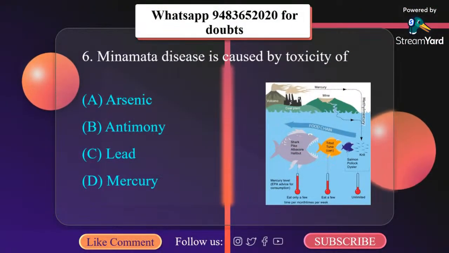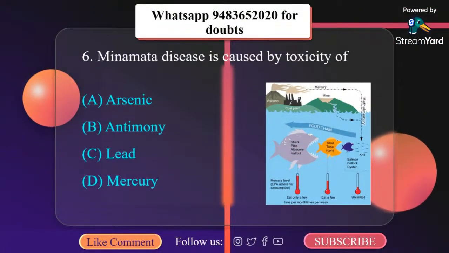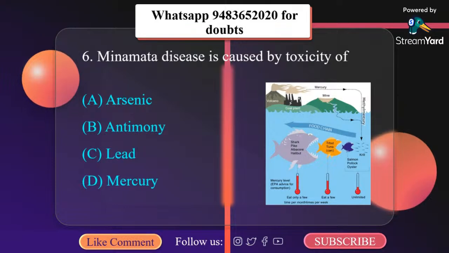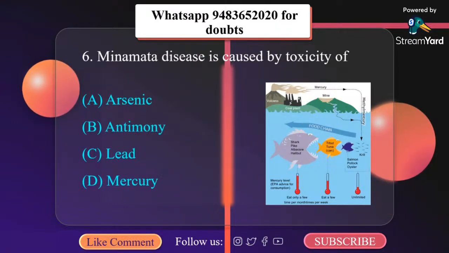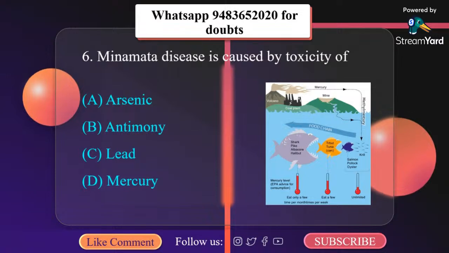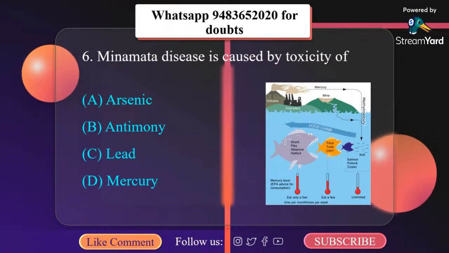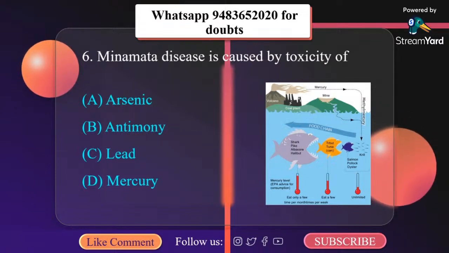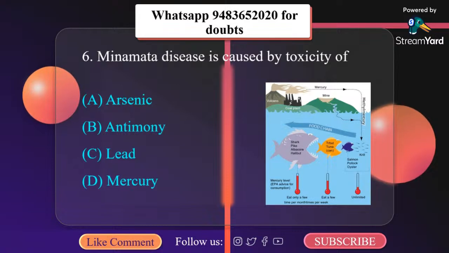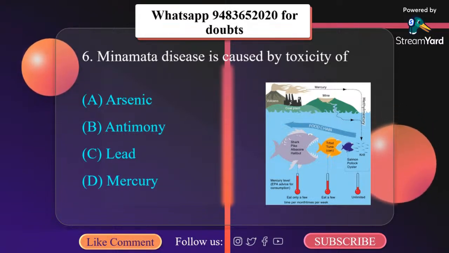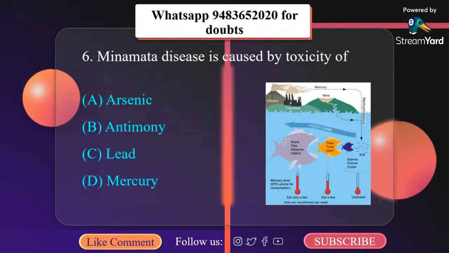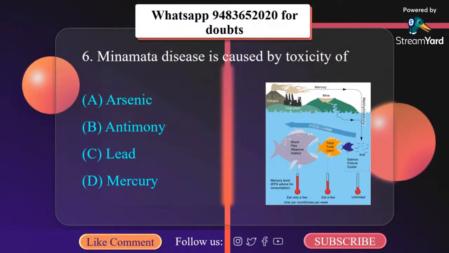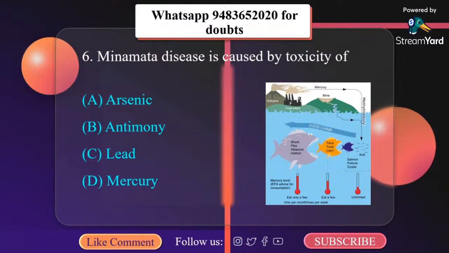Minamata disease is caused by toxicity of A. Arsenic, B. Antimony, C. Lead, D. Mercury. A significant exposure of mercury affecting public health occurred in Minamata, Japan between 1932 and 1968, where a factory producing acetic acid discharged waste liquid into Minamata Bay. The discharge included high concentration of methyl mercury.